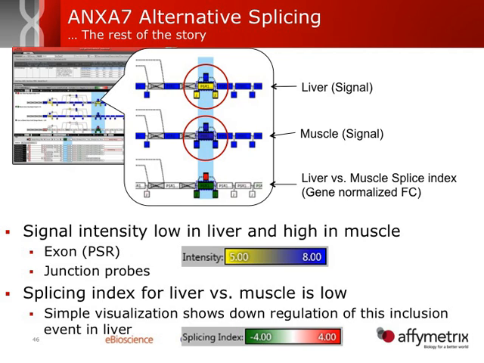And you can see in muscle that we are expressing this exon at a high level. So the aggregate information is telling us the same thing. It's actually pulling all this information together and giving us a very easy, user-friendly way to spot this alternative splicing event.